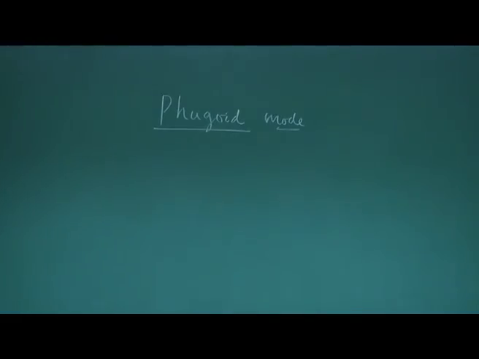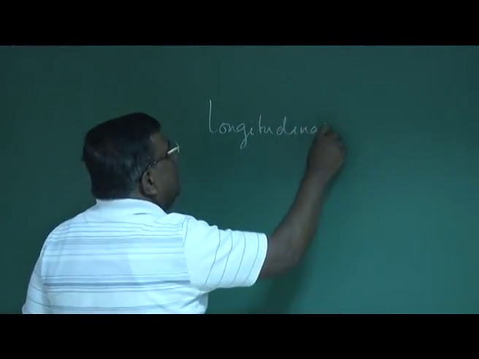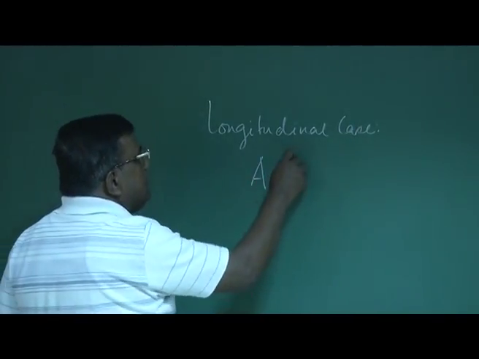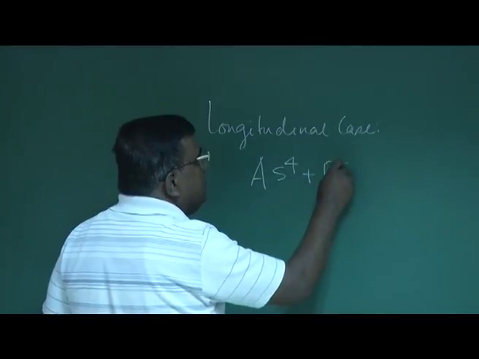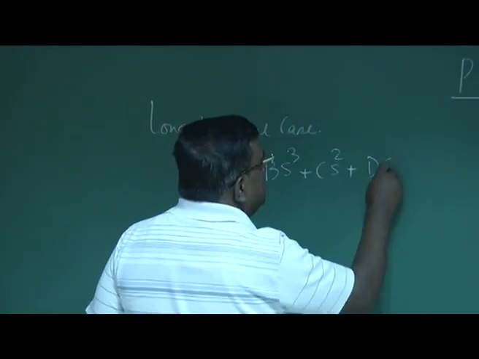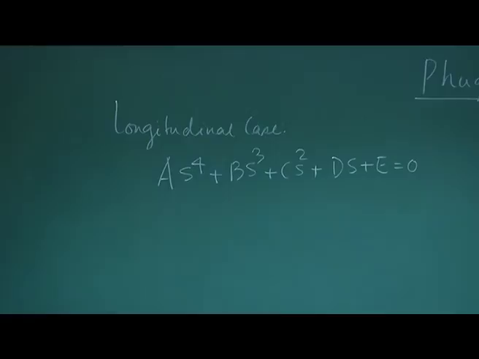If you recall, for a longitudinal case, we got the characteristic equation in the form S^4 plus BS^3 plus CS^2 plus DS plus E equal to 0, right? And these coefficients A, B, C, D, E can be expressed in terms of aerodynamic derivatives, inertial properties, etc.